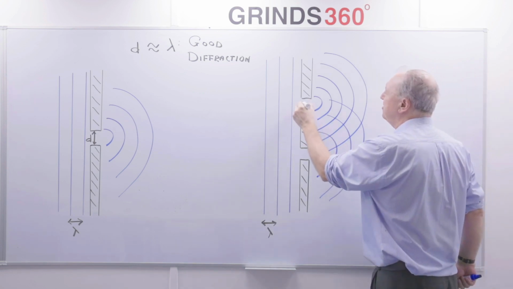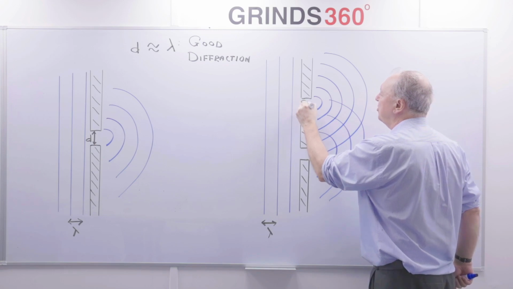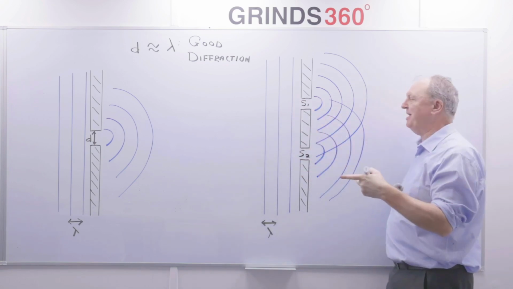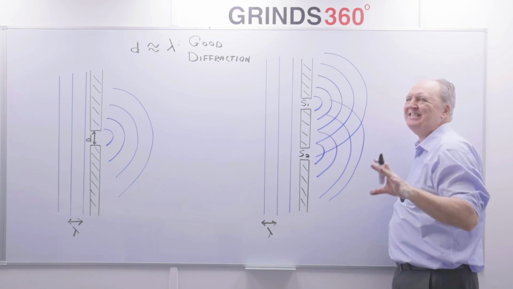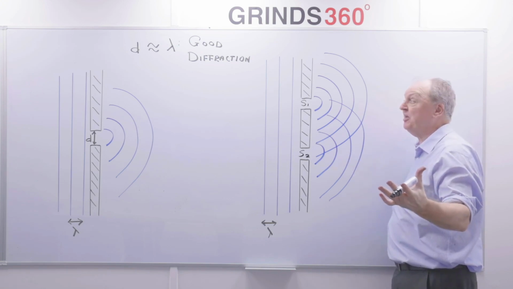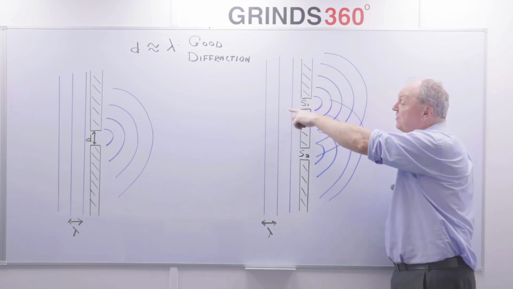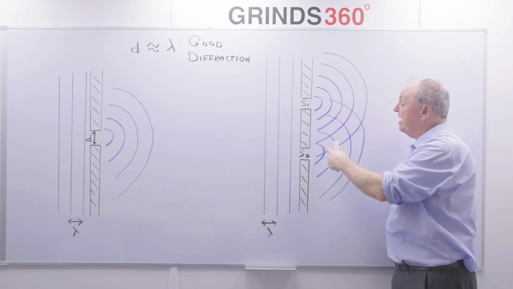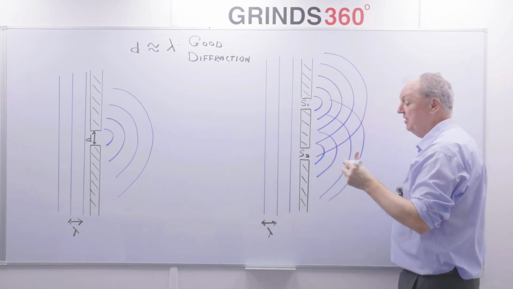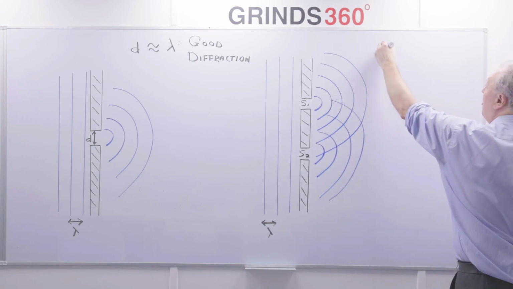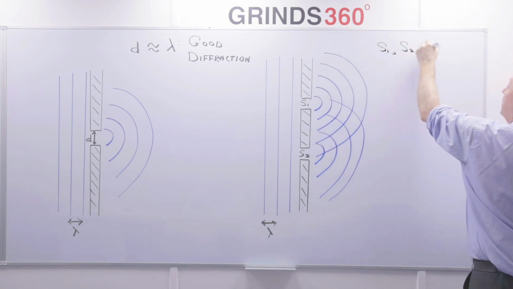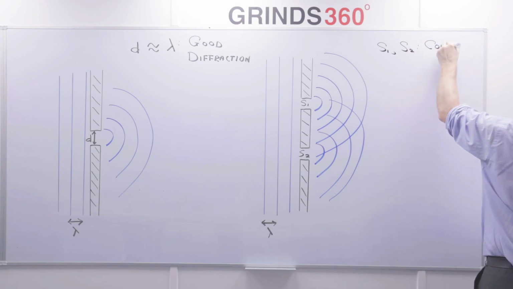They're called coherent sources. I'd call this source 1 and source 2 because the waves coming out of each gap are identical in every way. They have to be, don't they? They're originating from the same wave, so they're going to give rise to two sets of waves that are identical. So I'll say that S1 and S2 are what are called coherent sources.